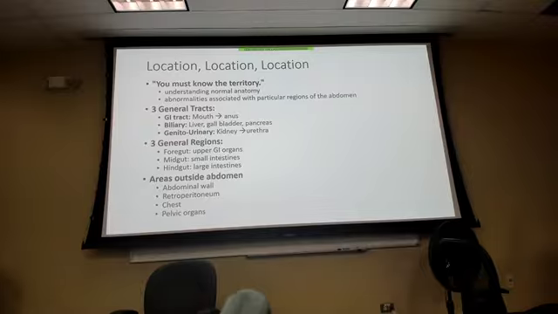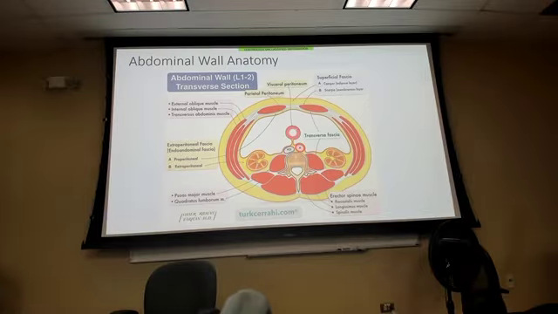Areas outside the abdomen you still have to be aware of, right? So we'll talk about some anatomy on what is included actually inside the abdomen and what's not technically inside the abdomen. We have the retroperitoneal space, the pelvic organs, like the pelvic space, okay? So when we talk about the abdominal wall, you have to know your fascias.